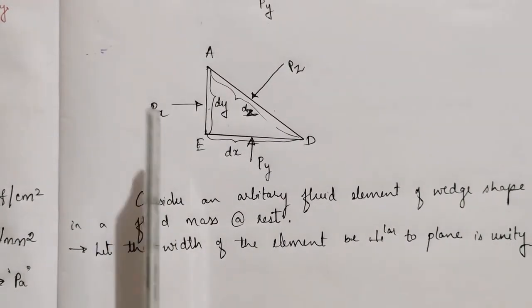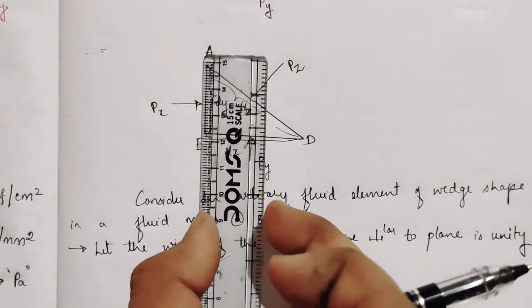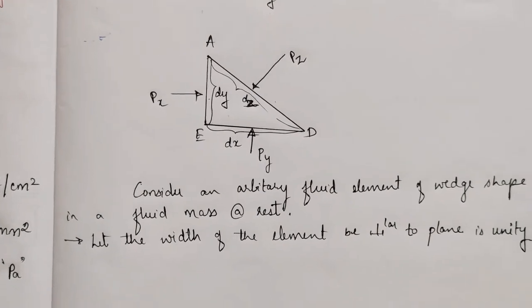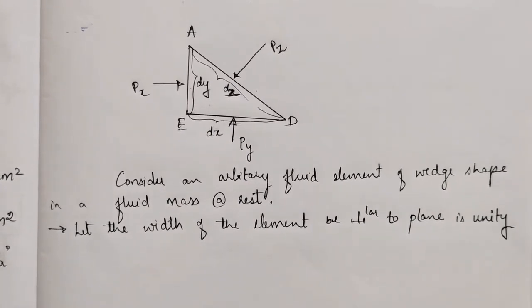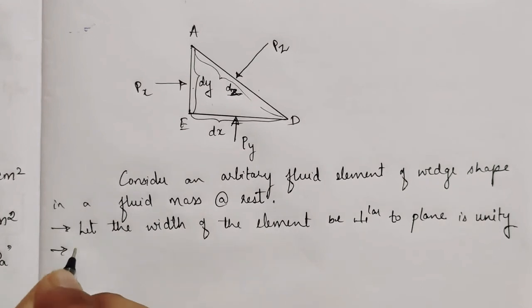So we take the width of the element as unity in all three directions, uniform, so it will not affect us. So first we mention that the width of the element perpendicular to the plane is unity.